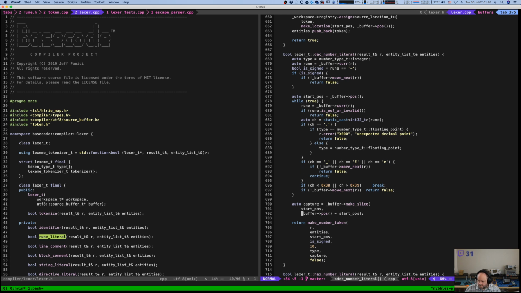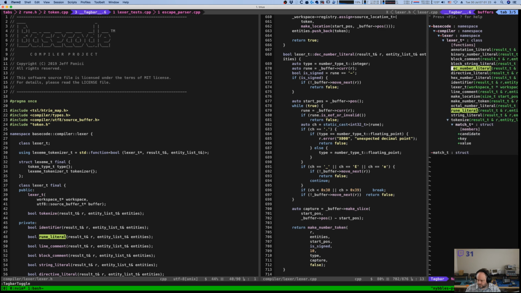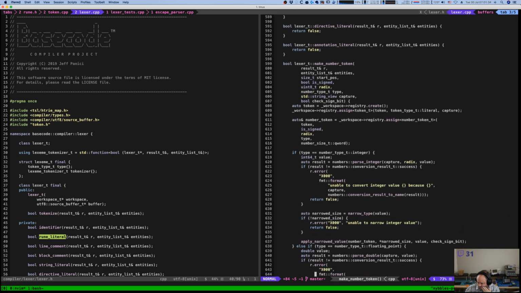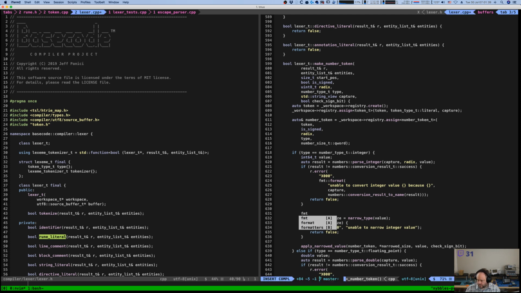Yeah, so it's just going to be make number token. So let's just look at both.